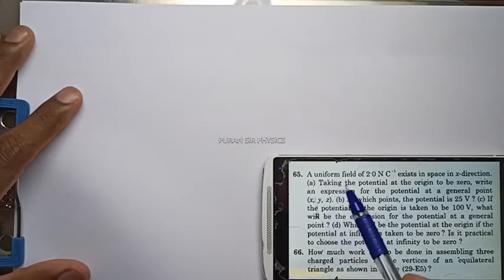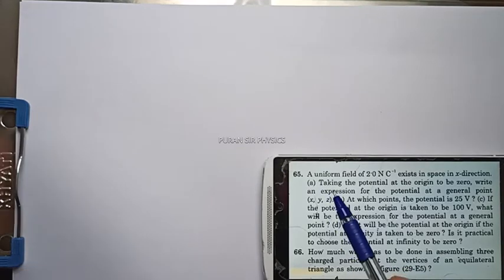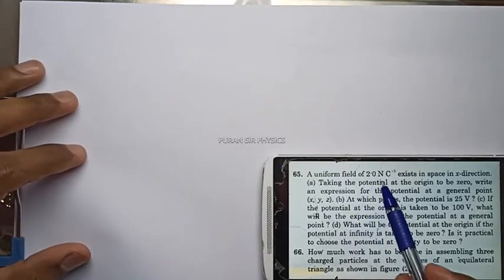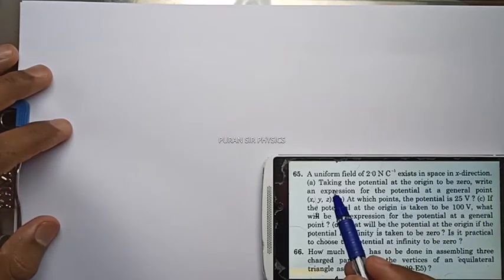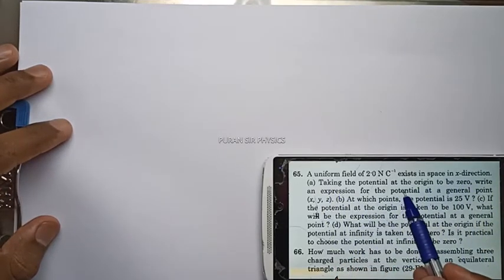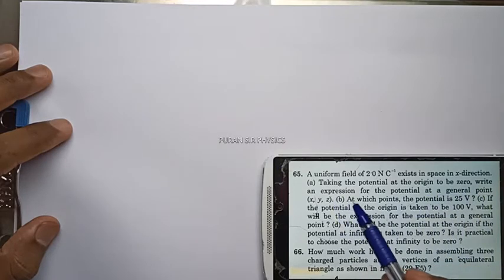In question number 65, a uniform field of 2 Newton per coulomb exists in a space in x direction. A. Taking the potential at origin to be 0, write an expression for the potential at a general point x, y, z.